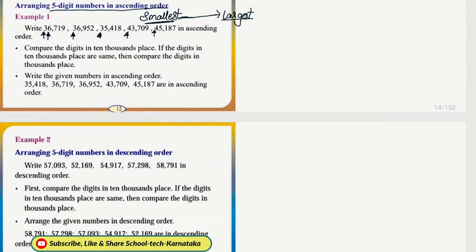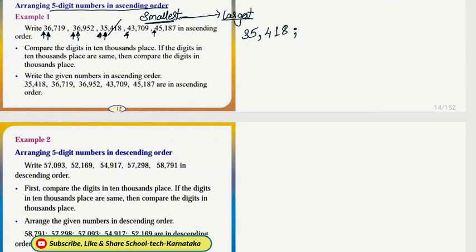At the thousands place we have 6 here, 6 here, and 5 here. We know 5 is smaller than 6. So we have found our first smallest number. We write down that number, 35,418.